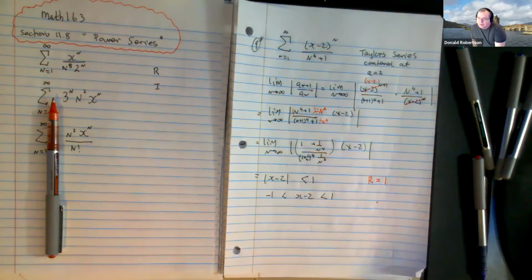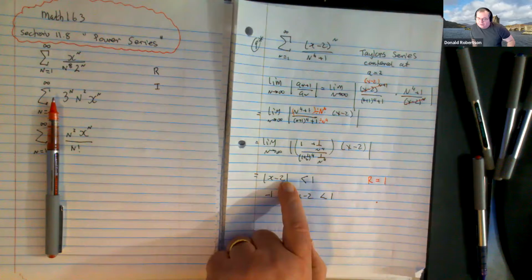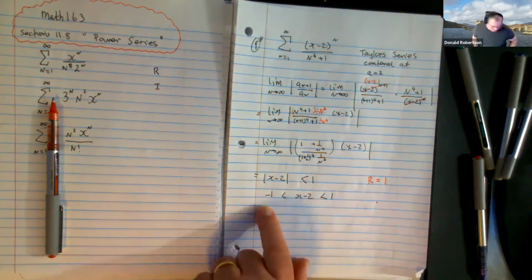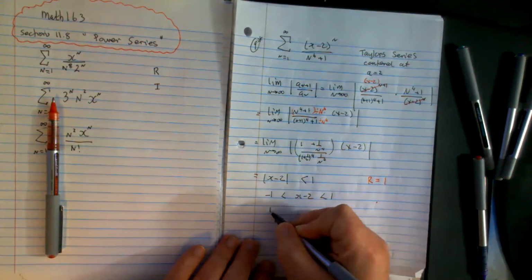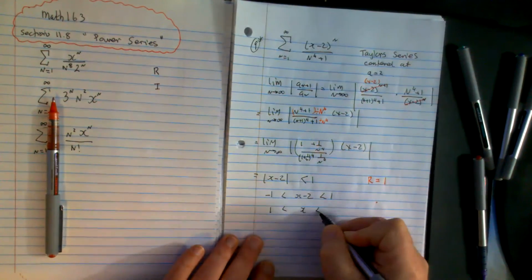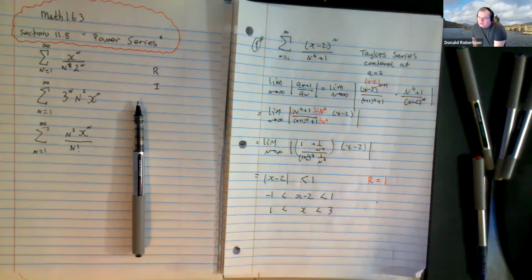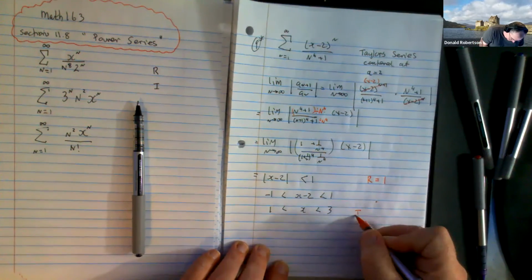Are you comfortable with that? That the absolute value means that this guy in the middle is somewhere between 1 and -1. If you then add 2 to everybody, does it make sense that the interval of convergence now is not symmetric? Isn't it from 1 to 3, right? It's slightly off-centered.